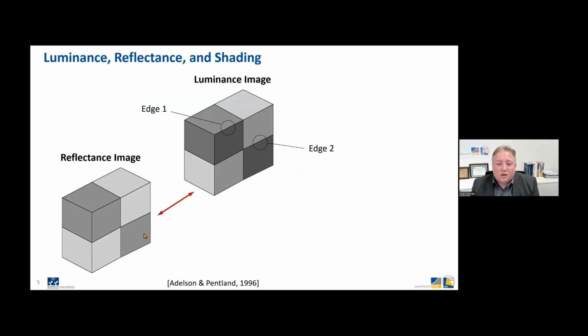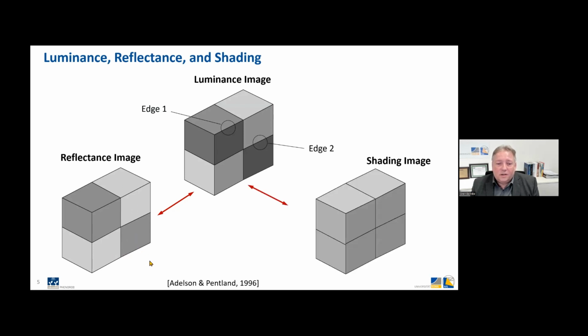You may decompose such an image into a reflectance image that says, do we have a white or a dark surface, and a shading image, how much light is being shined at the different surfaces here. And the luminance results here, with a Lambertian surface, from the product of the two.